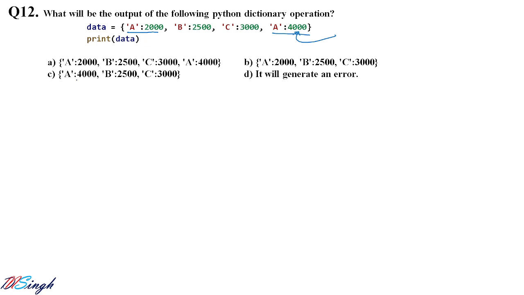The A value will be 4000, B is 2500, and C is 3000. Option C is correct. You are not going to have 2000 for A. The last updated value, 4000, remains for the key. Keep that in mind.